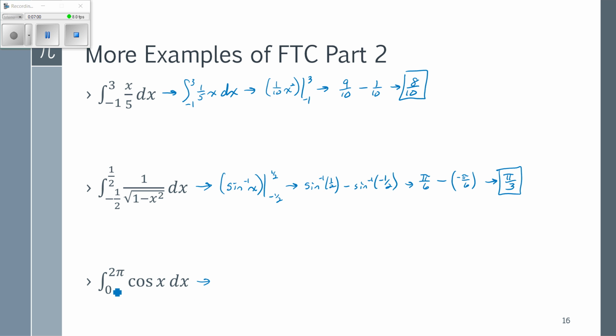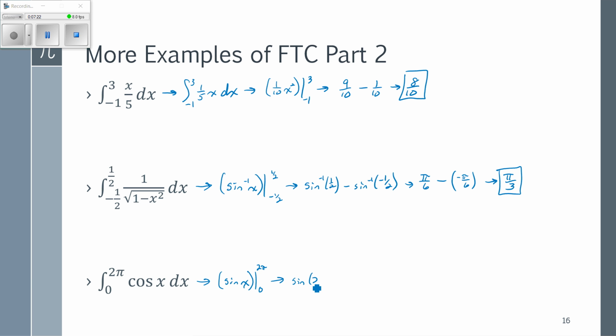Then integral from 0 to 2 pi of cosine of x. Antiderivative of cosine is sine. This is one especially I would recommend making sure you're double checking. Derivative of sine is positive cosine, so that works. From 0 to 2 pi.